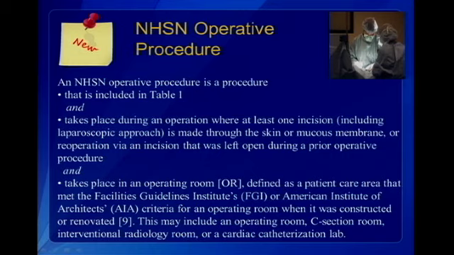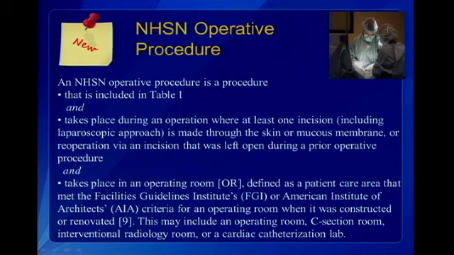But what we did in 2014 is, it's all those procedures in Table 1, which we're familiar with. It tells you what they are, or on all the OTH categories for Pennsylvania, and it takes place in an OR where at least one incision is made into a skin or mucous membrane, and also that's your laparoscopic procedures, or an incision left open during a prior procedure. This is to cover for now that you remove the incision method from your definition.